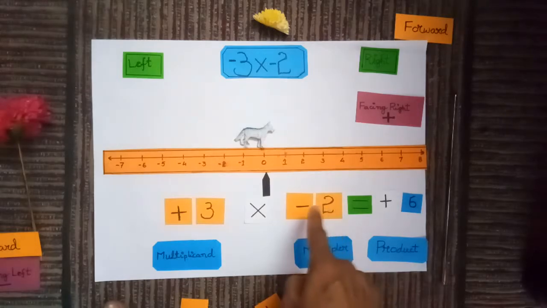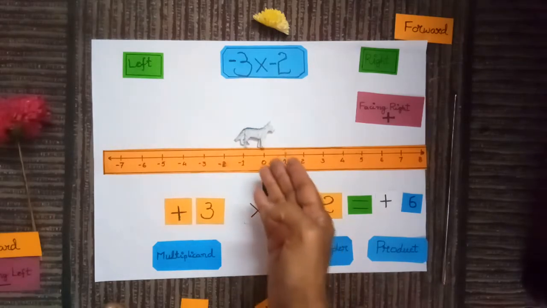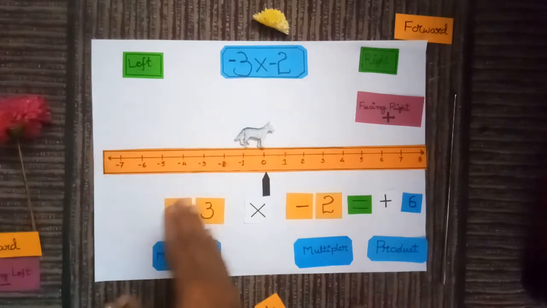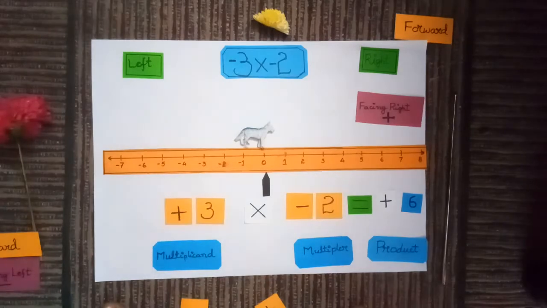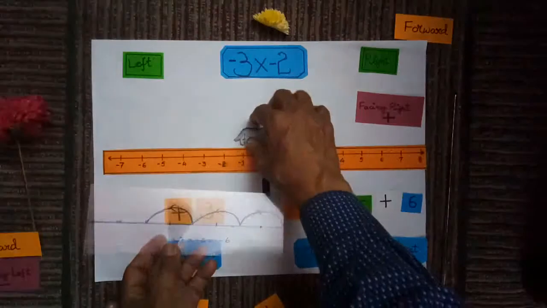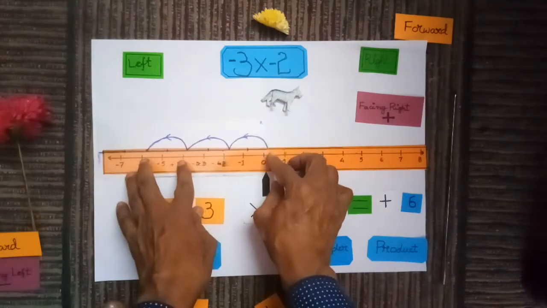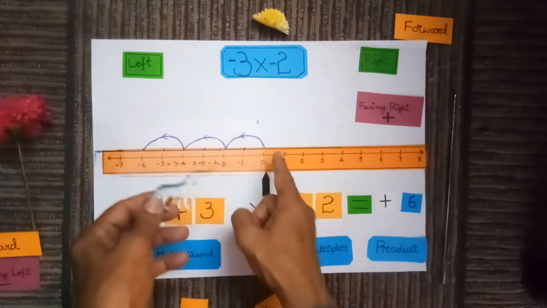Okay. Now minus 2 is there in the multiplier. Minus 2 means, minus means it is facing right, but it is jumping backwards. Every time it will jump 2 units backwards. So in such a case, where will it be? Here. So you can see this now. So this is the first jump.